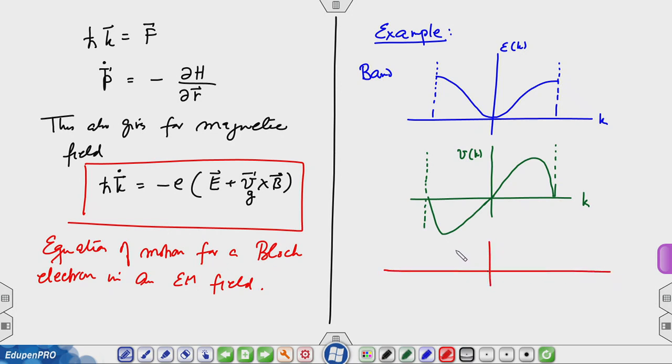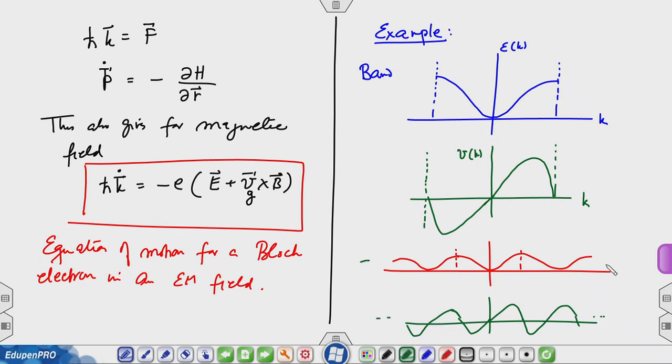This is the Brillouin zone, you would have the energy diagram like this, and the corresponding velocity like this, and so on. So, this is E k, this is v k, this is k, this is k.